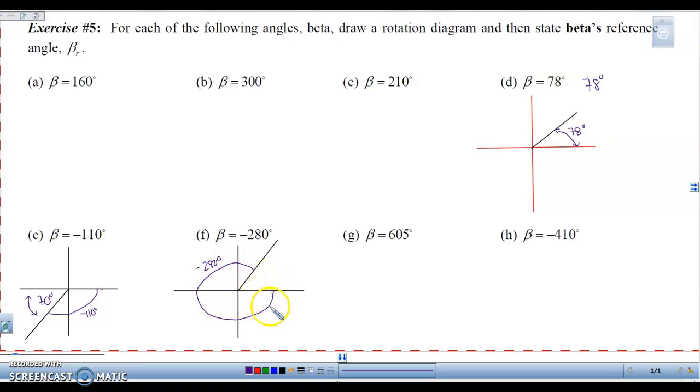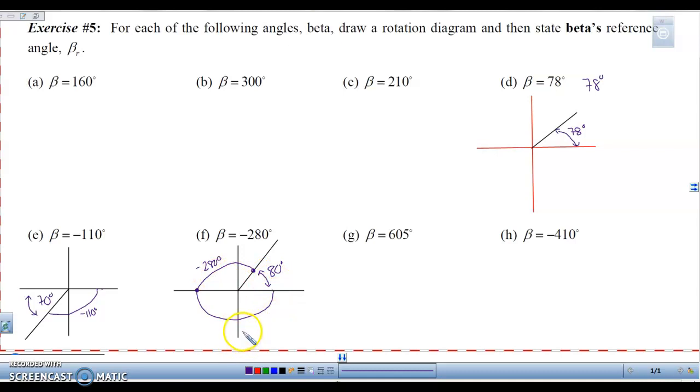Well, this would be 180, so that leaves 100 degrees from here to here. So that means what's left over from here to here would be 80 degrees. Notice all the way around would be 360. So 280 and 80 is 360 as well, if you want to think of it that way.